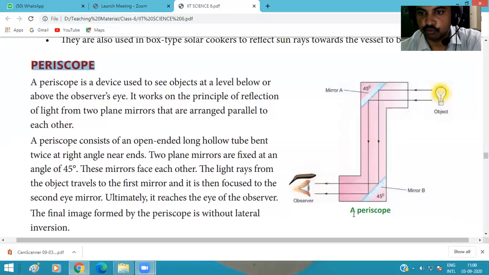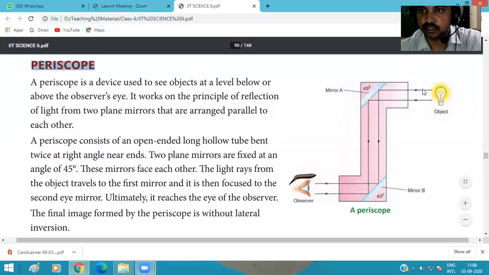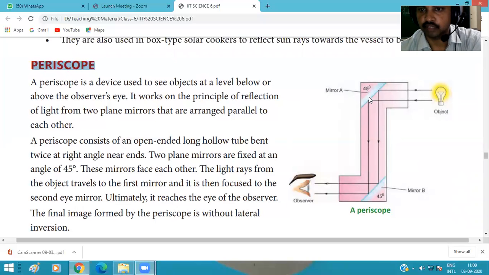Both are arranged parallel in this tube, as you see in this picture, where the object, then the periscope, and the first mirror is near the object. This is the mirror we also call the object mirror. The image of this object is seen in this mirror, and in this mirror the image of the object is laterally inverted.